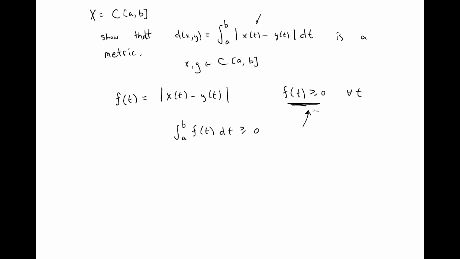So we want to show the triangle inequality. Let's just start out with this. Z is just an arbitrary continuous function that we've chosen.